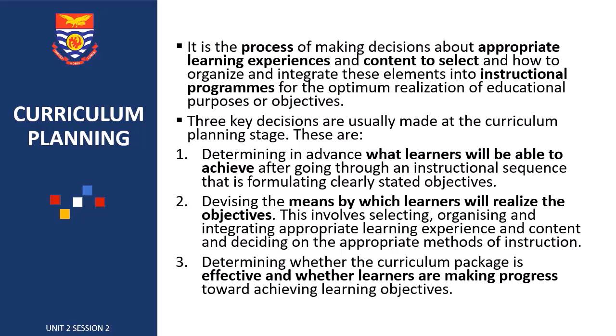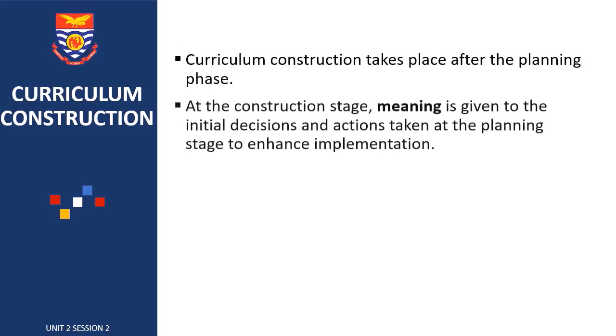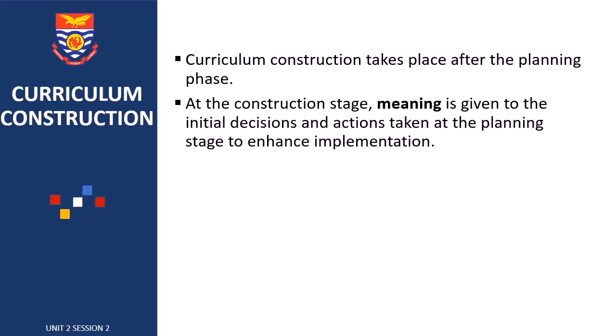Curriculum planning is carried out by stakeholders, interested groups, and individuals associated with the educational process. Curriculum construction. This takes place after the planning phase. At the construction stage, meaning is given to the initial decisions and actions that were taken at the planning stage to enhance its implementation.